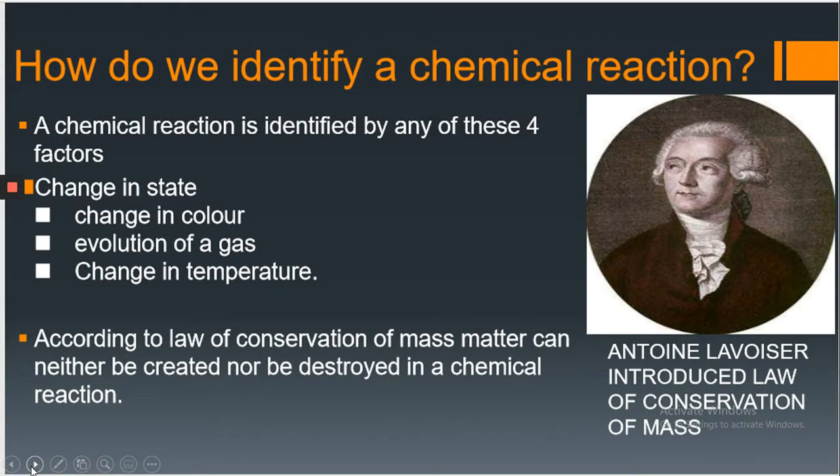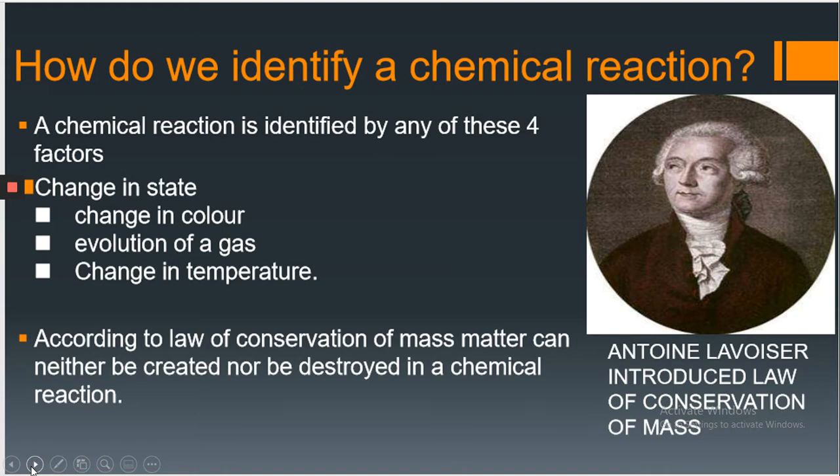Now, how do we identify a chemical reaction? A chemical reaction is identified by 4 factors. First, change in state. If you get any change in state, you can say that a chemical reaction takes place. And if you get any change in color during the reaction, you can also say that this is a chemical reaction.